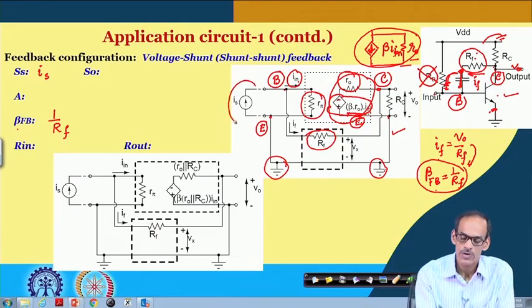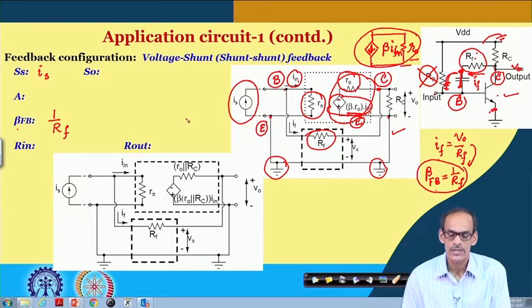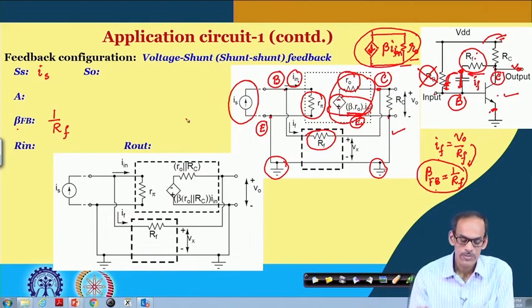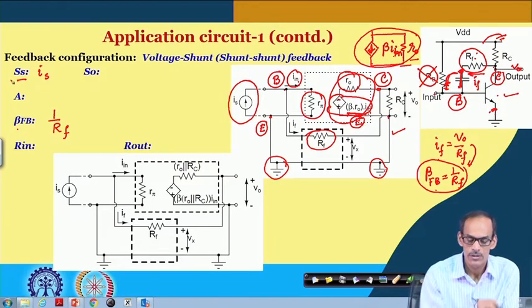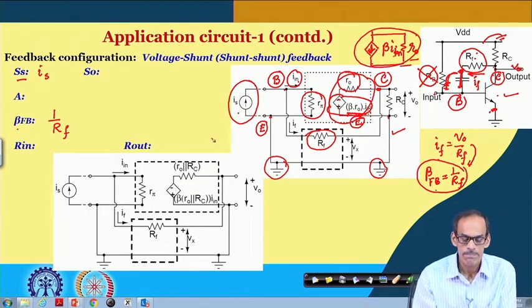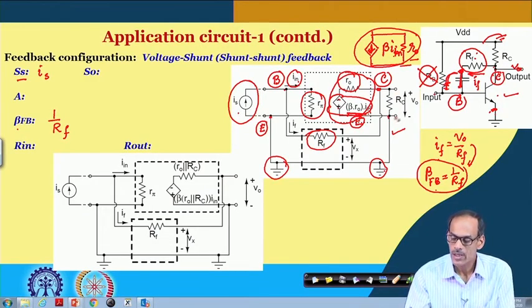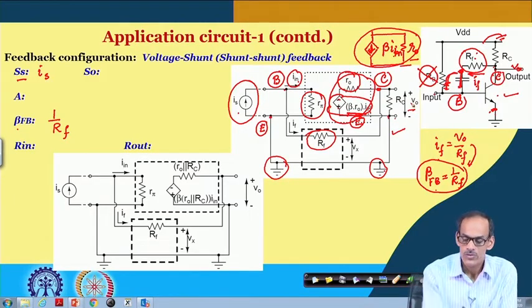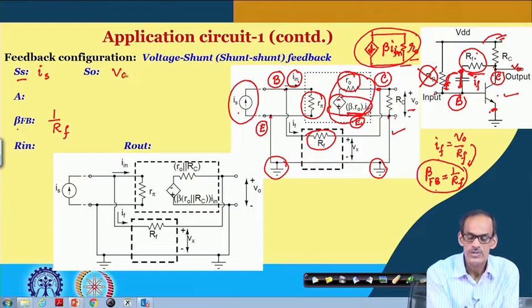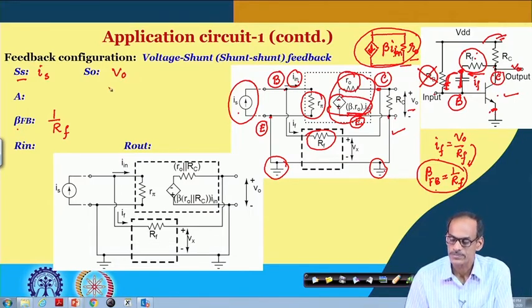So, this is the corresponding input stimulus, ideal stimulus I s. So, in the feedback circuit the primary input is this I s, and on the other hand the output is the voltage here, V o. So, we can say that V o is the corresponding voltage.